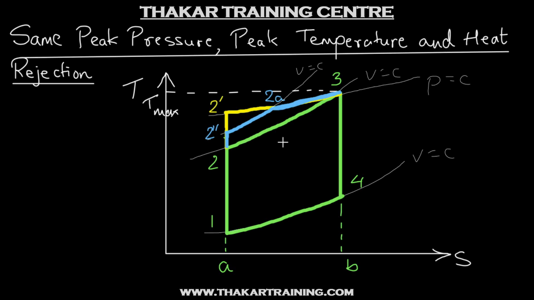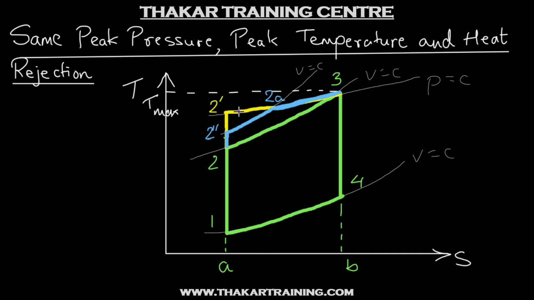Right. So even if you had not written, I think you have figured out that Otto cycle is having the least area, that is the least heat addition. The dual cycle has this much region extra, right? This dual cycle is having this much excess of heat addition, and the diesel cycle has this part even more than the dual cycle, right? So dual cycle has this much extra, whereas the diesel cycle has, apart from that, even this more as compared to dual cycle.